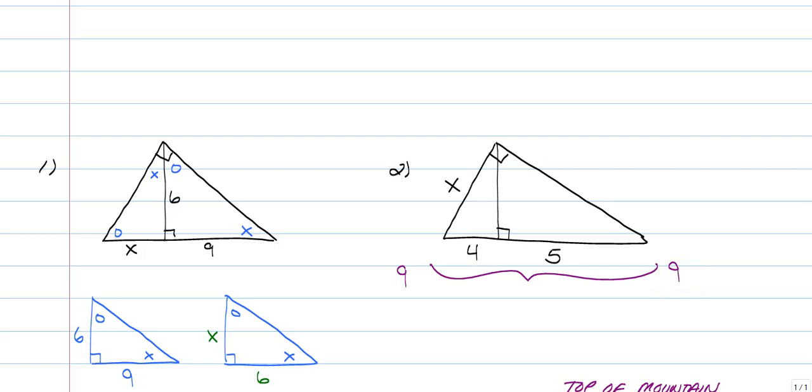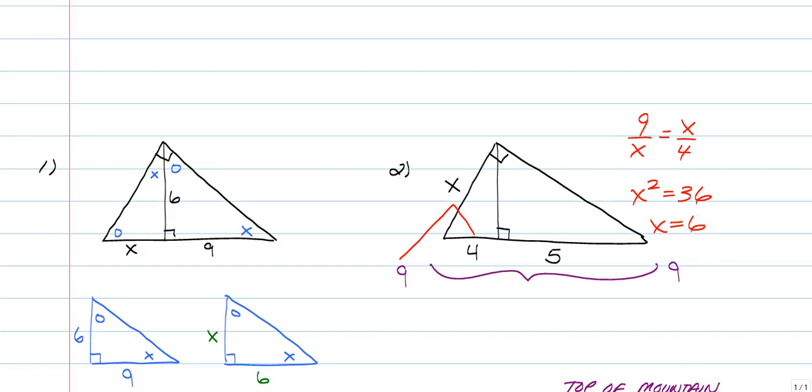So if we were to connect our mountains, boom, boom, we would see that 9 and 4 are the bases and x is the top. So we can just do 9 over x is equal to x over 4. And then you would just cross multiply, so x squared is equal to 36. Square root both sides and you get x is equal to 6.